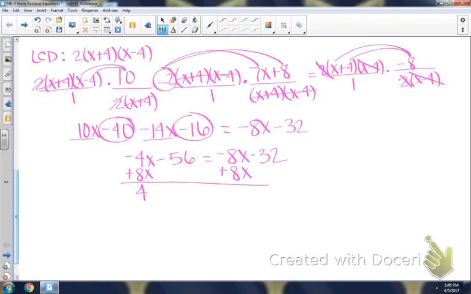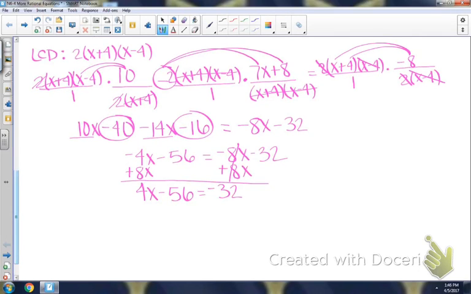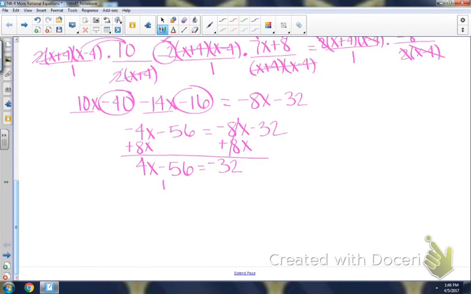I'm going to get 4x minus 56 equals negative 32. So then we'll add 56. And that would be 4x equals 24. Divide by 4. So you're going to get x equals 6.